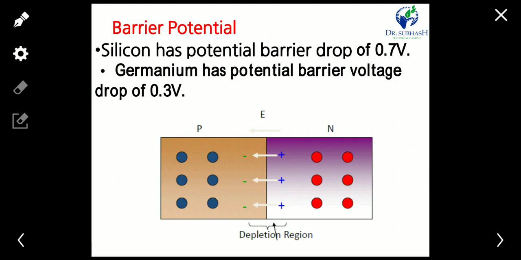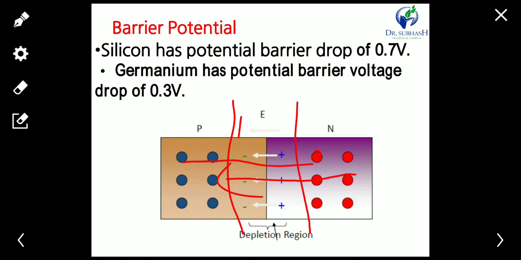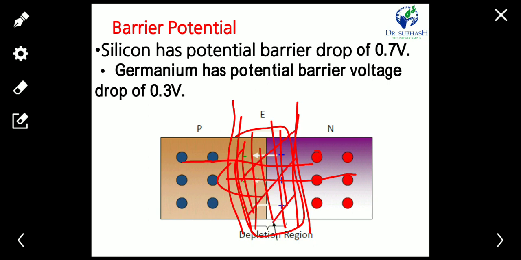Now, barrier potential. We know that some depletion region is there. Whenever electrons move from N-type to P-type, or holes move from P-type to N-type, some breakover potential is required, and this is nothing but the barrier potential. It depends on the material the diode is made of.